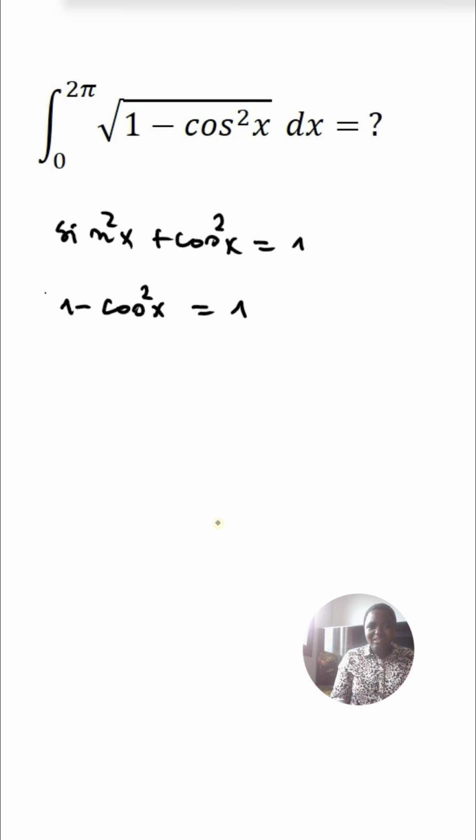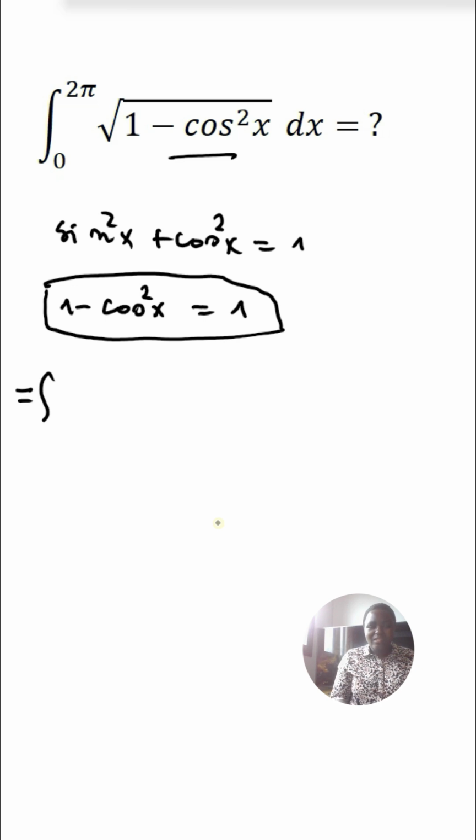And this is correct. And they immediately replace this into our integral here, and they say that this is equal to integration from 0 to 2 pi of square root of sine squared of x dx, and this is correct.